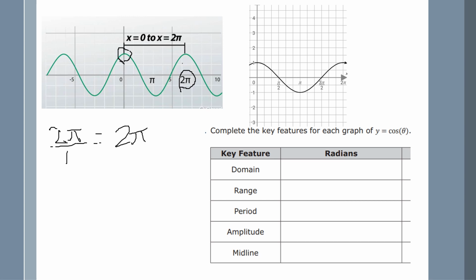So again, you always start at 0. If it starts at positive, when does it repeat again at positive? It repeats again at 2 pi.